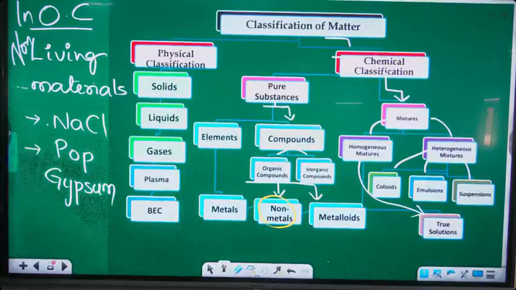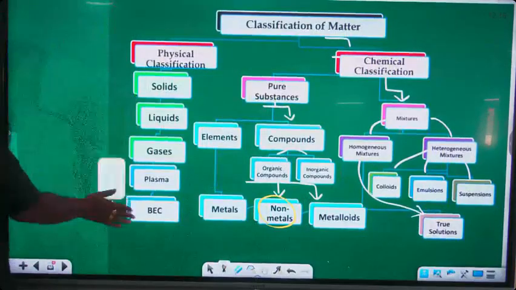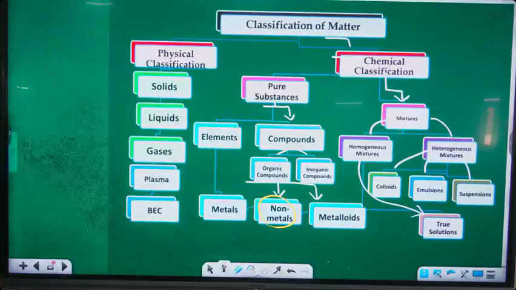Inorganic compounds. So sodium chloride కానివ్వండి, plaster of Paris కానివ్వండి, లేదా gypsum కానివ్వండి, these are nothing but inorganic compounds అని అంటాం, because these are obtained from non-living materials like water as well as soil.